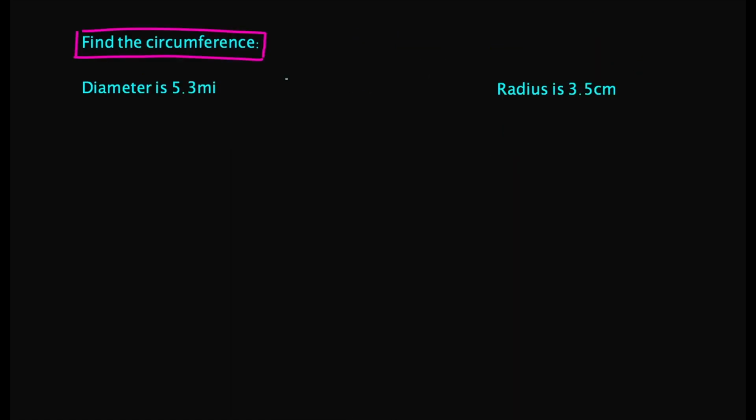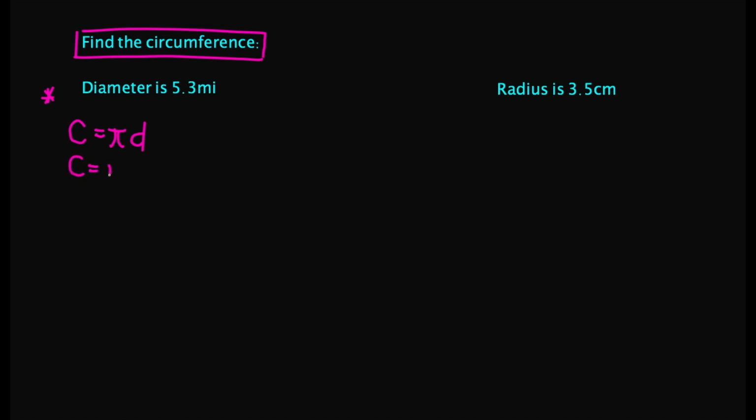Let's look at these two examples here. Let's say you need to find the circumference if you have a diameter of 5.3 miles. The second example is if you have a radius of 3.5 centimeters. Let's look at my diameter first. If I have a diameter of 5.3 miles, then you want to use this formula, C equals pi times your diameter.